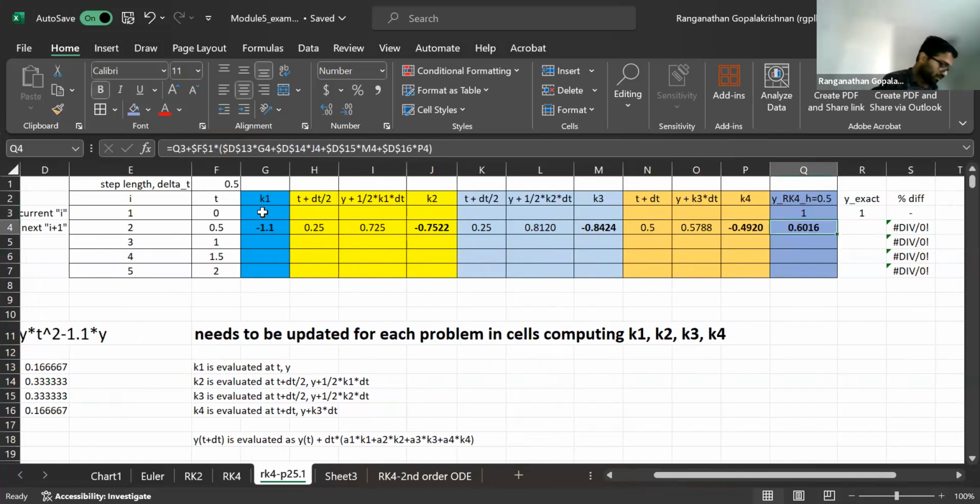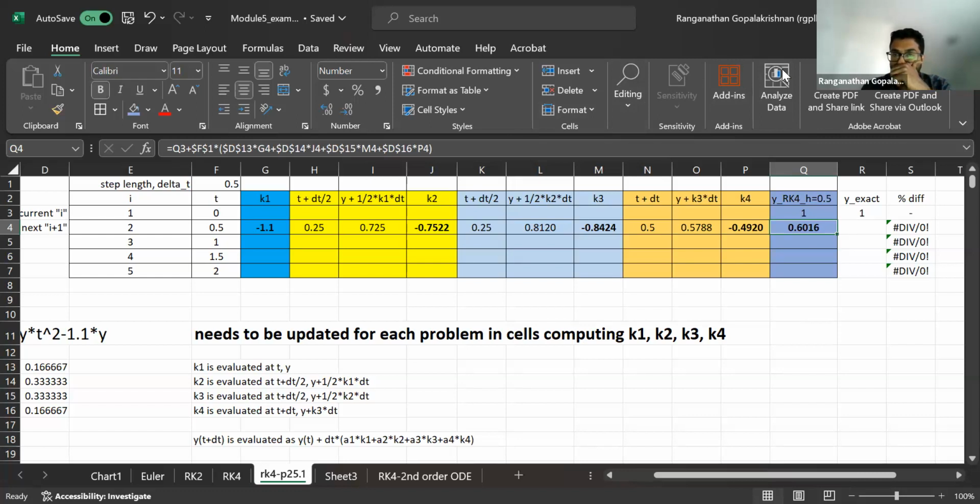And that 6016 is what we got, I think. Yep, 6016. Okay.